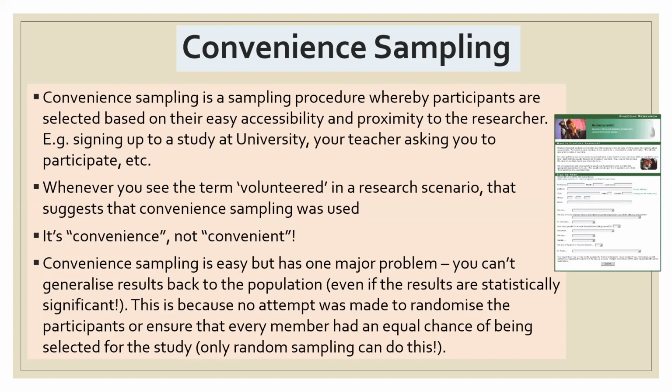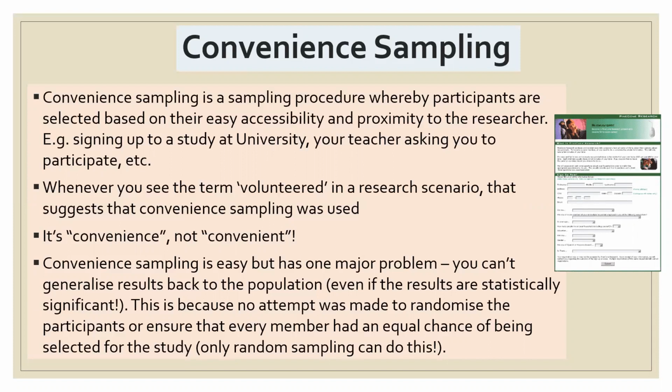Problems with convenience sampling, though, are, number one, that a lot of the time the researcher might know the participants they're conveniently sampling, so there's some bias and some expectations that can come into place. Number two, even if you don't know the participants, even if you've just put up a newsletter or an ad in a book or on an online website saying volunteers wanted, the problem is that you can't generalize results.